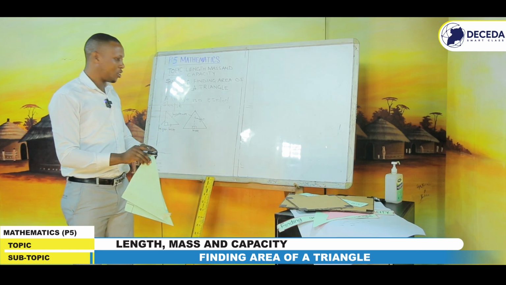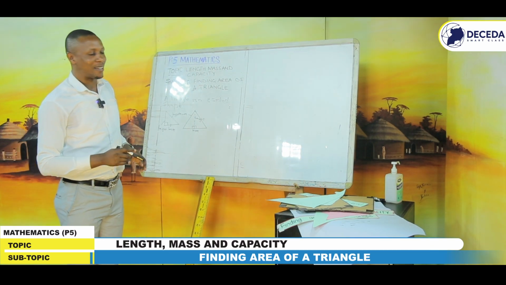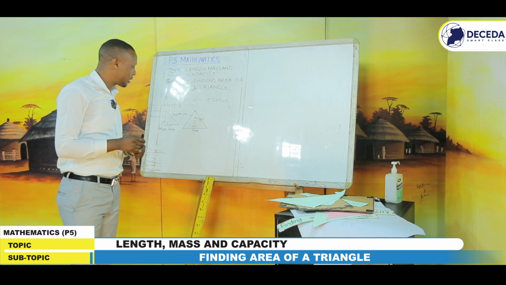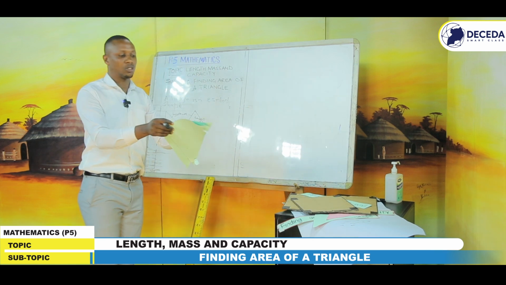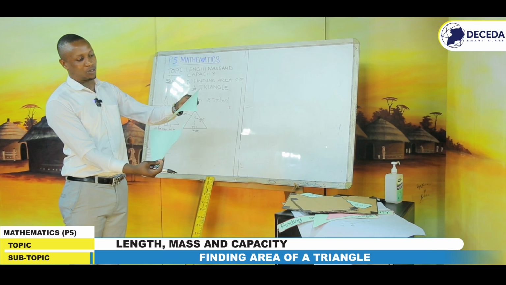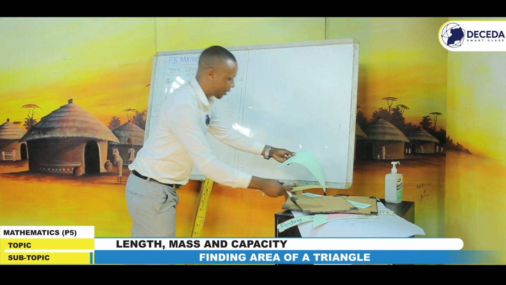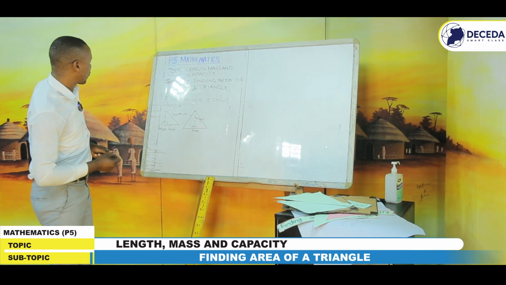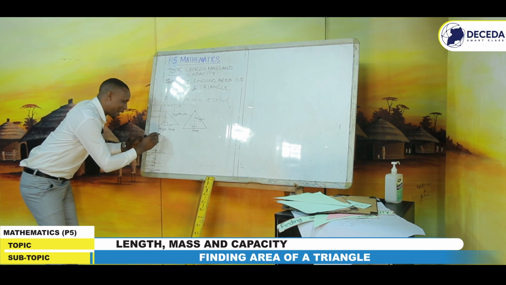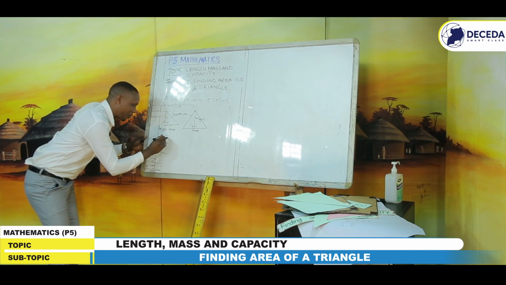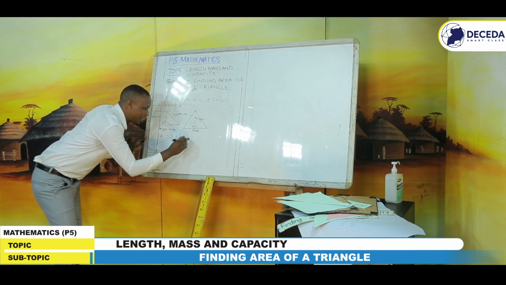And I'm bringing in the knowledge that the area of a triangle is a half times base times height. After dividing this square into two, making it a half, I got these two right-angled triangles. Then I can develop that in order to find the area of this triangle: area of a triangle equals a half times base times height.